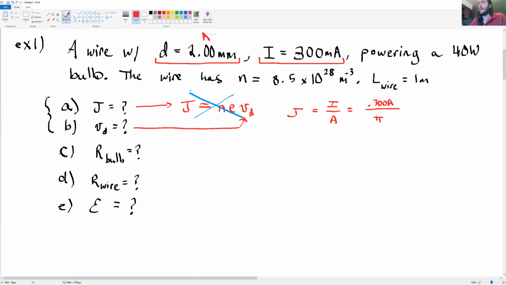So the area, when you're given the diameter, is pi d squared over 4, because you have to divide the diameter by 2 to get the radius. So it's pi over 4, and then the diameter there is 0.002 meters, and we want to square that.